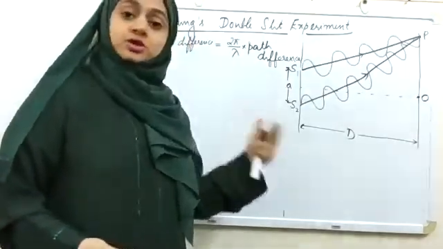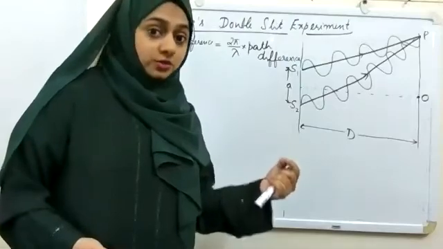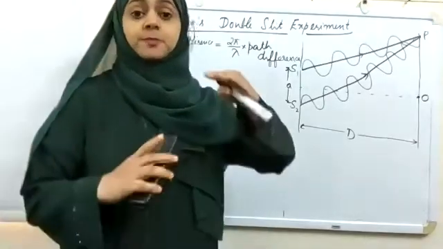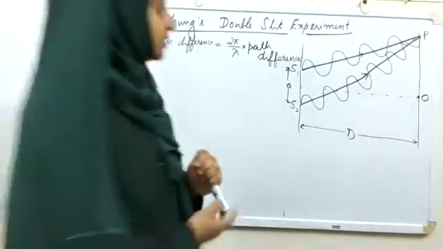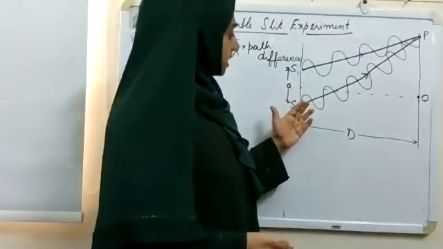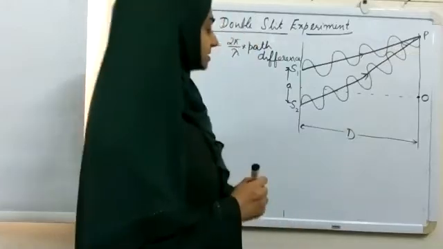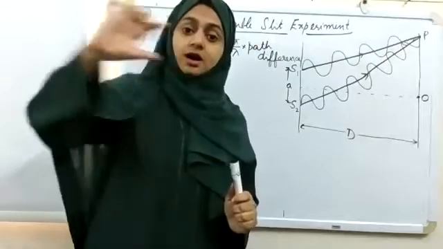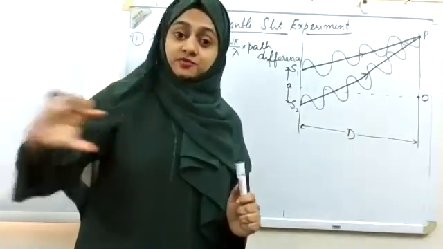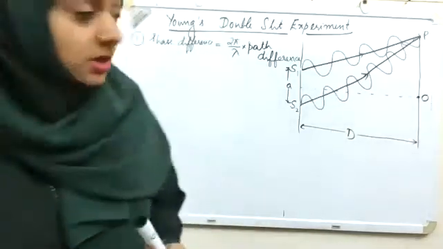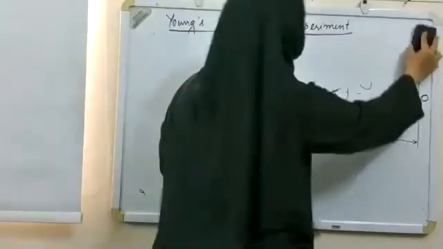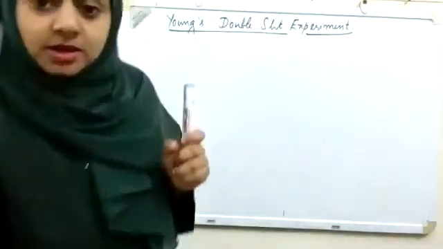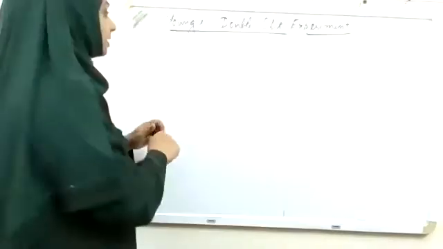Now we are going to derive an equation for the separation between two fringes. We saw in the last class that the interference pattern will be dark and bright fringes or bands. Let me redraw this figure.